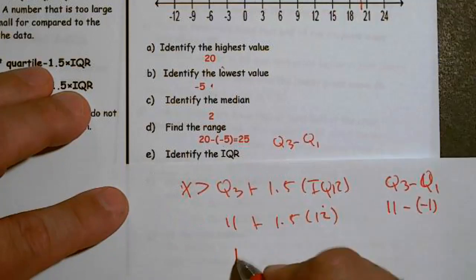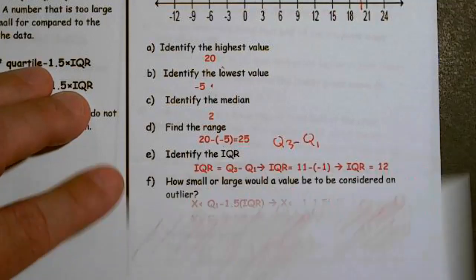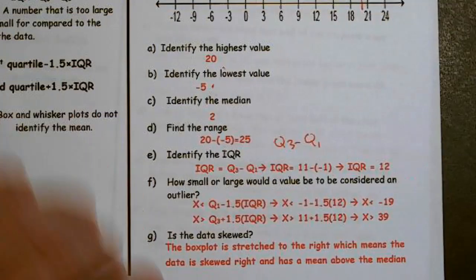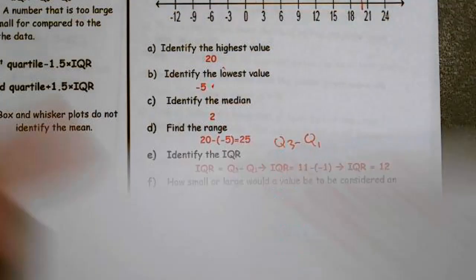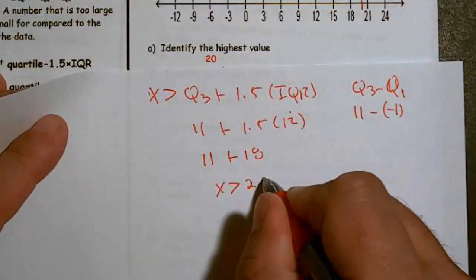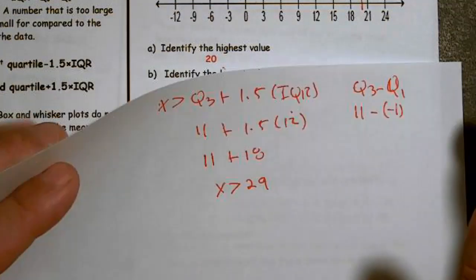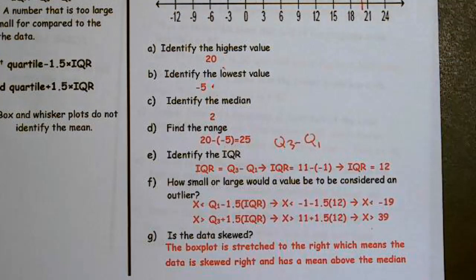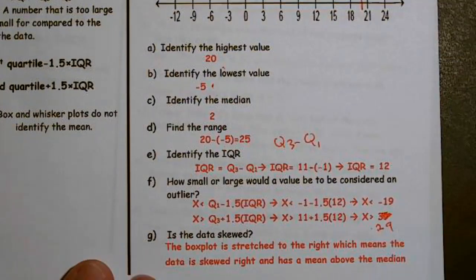So in this case, it's going to be 11 plus 18. So we need a value greater than 29. So X would have to be larger than 29. There appears to be a typo here. Sure enough, X would have to be greater than 29.